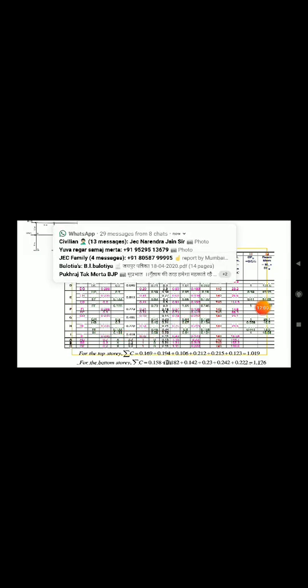So we add all the factors of C, we will find out sigma C, and for the bottom story we will find out sigma C. So put these values of sigma C in this step 10, we will find out capital MC, which is MT into C upon sigma C.